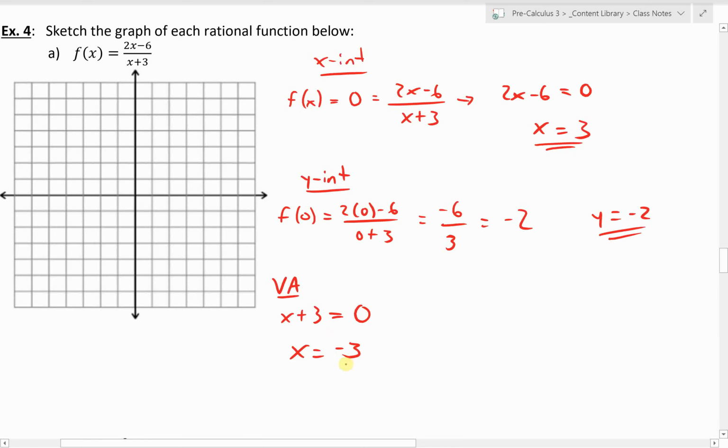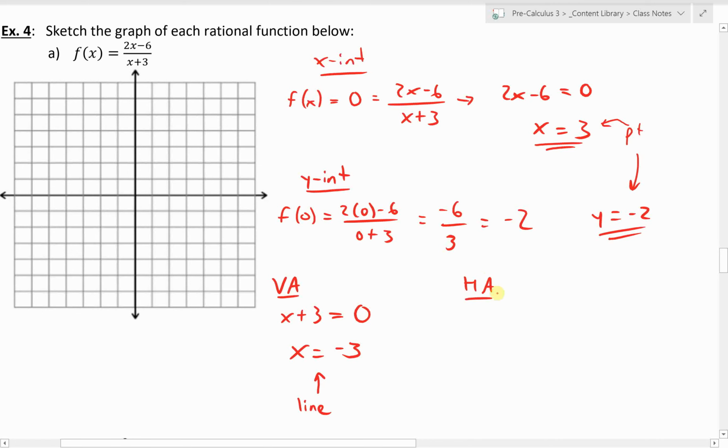So x equals negative 3 is our vertical asymptote. So a quick point of clarification here. Our x-intercept, x equals 3, is a point. So is our y-intercept. Our asymptotes are lines. So this is actually a line. The vertical line, whose equation is x equals negative 3, is a vertical asymptote for this graph.